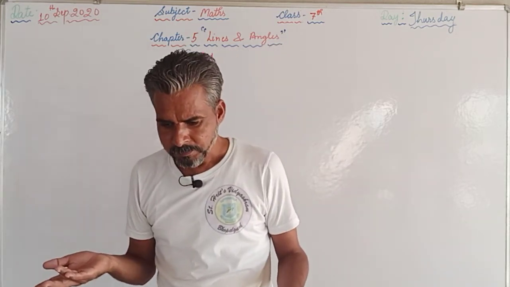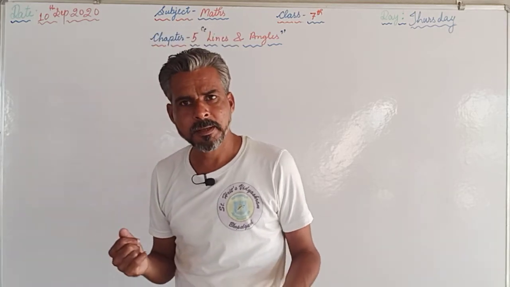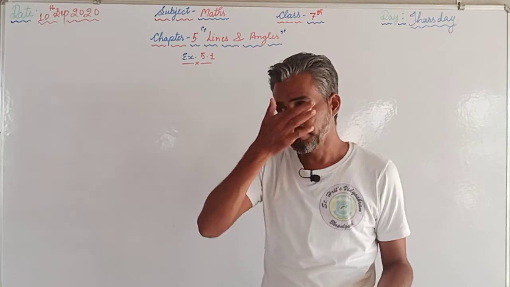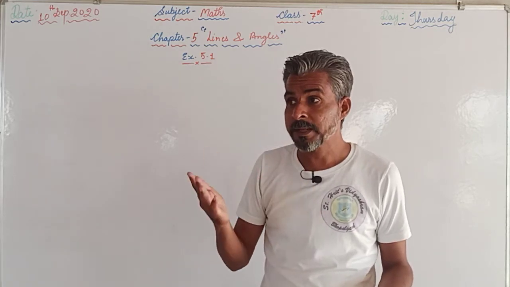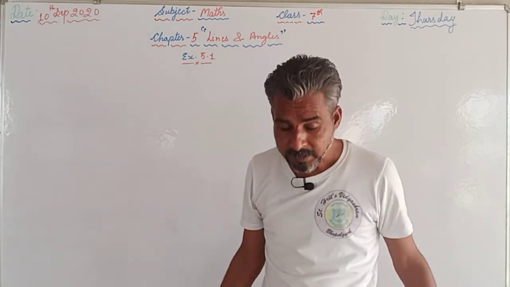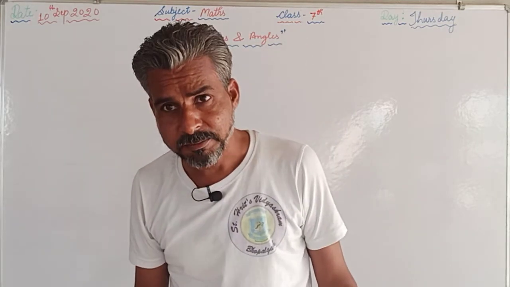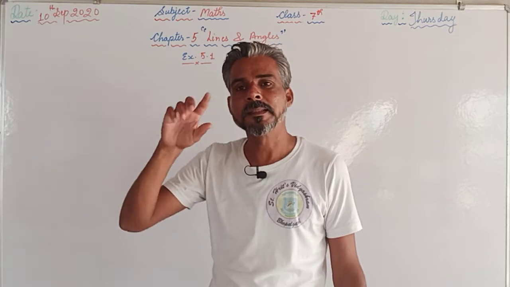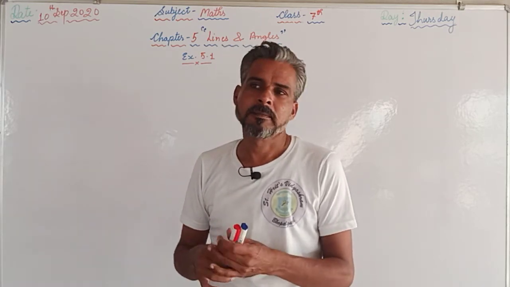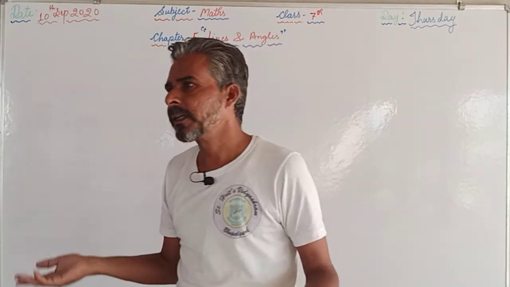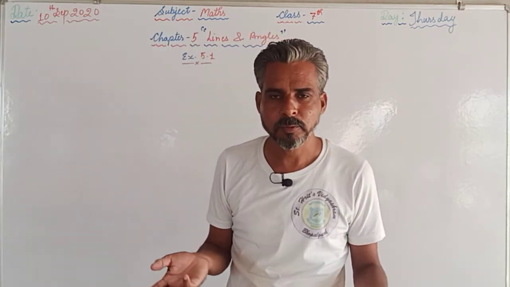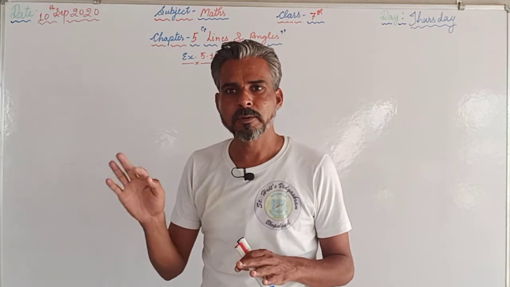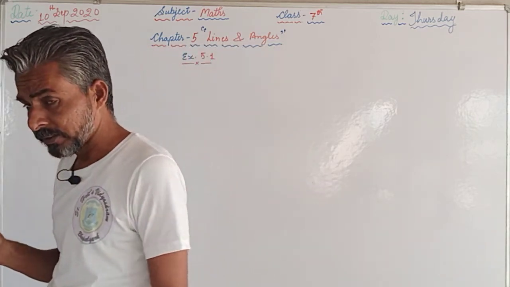We discussed complementary angles, supplementary angles, linear pair angles, vertically opposite angles, and at the same time we discussed parallel lines and the transversal as well, and the angles formed when a pair of parallel lines is intersected by the transversal. Then the alternate angles are there, the corresponding angles are there, consecutive angles are there. All these things we are supposed to use now while solving the questions of the exercises.